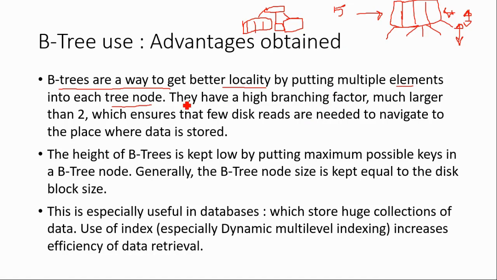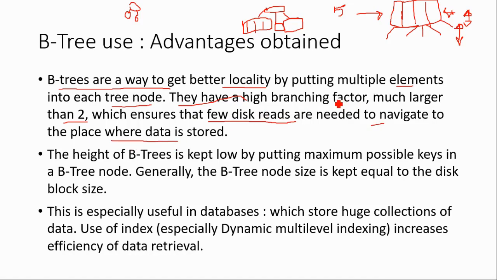So the next point says that they have a high branching factor, much larger than 2. BSTs have a branching factor of 2 because one node will divide into 2 nodes, which ensures that few disk reads are needed to navigate to the place where data is stored.